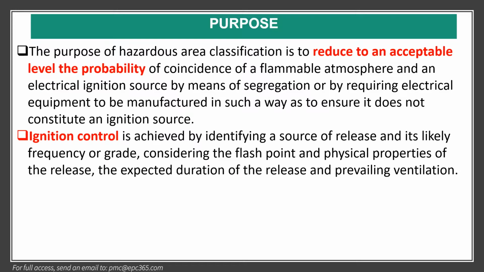Ignition control is achieved by identifying a source of the release and its likely frequency or grade, considering the flash point and physical properties of the release, the expected durations of the release, and prevailing ventilation.